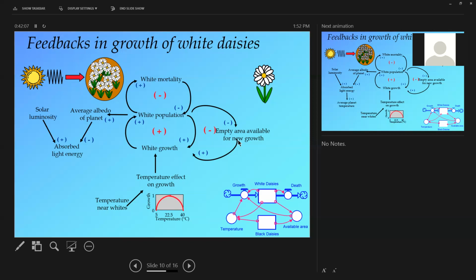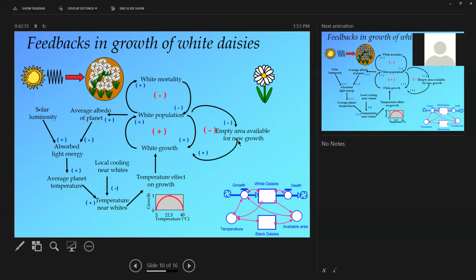We've got solar luminosity coming in. So our absorbed light energy is a function of both the reflectivity of the planet and how much light is going into the planet. So how reflective it is and how much light is being delivered to it. So that's affecting our light energy. And that light energy, the absorbed light energy, is controlling the temperature of the planet.